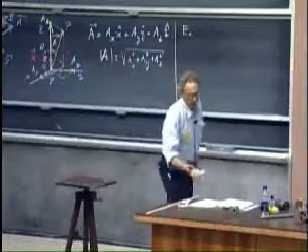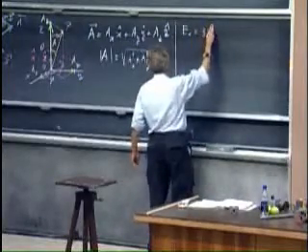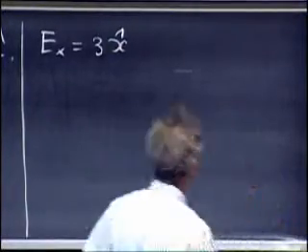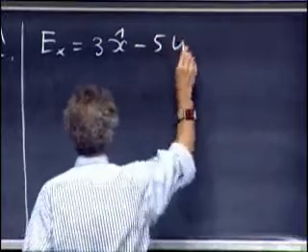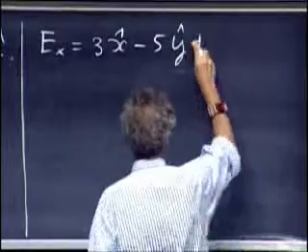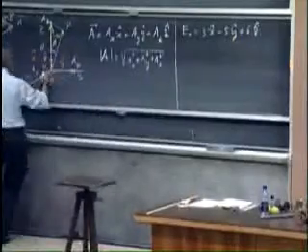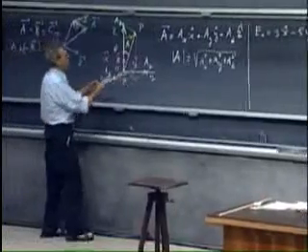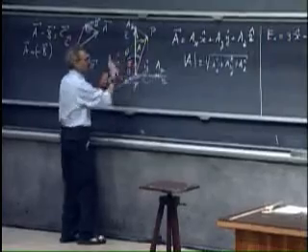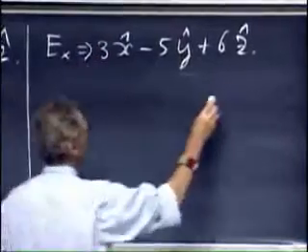And we call A 3x roof, so A of x is 3, minus 5y roof plus 6z roof. So that means that it's 3 units in this direction. It is 5 units in this direction, in the minus y direction, and 6 in the plus z direction. That makes up a vector, and I call that vector A.